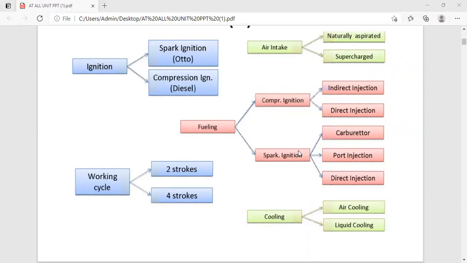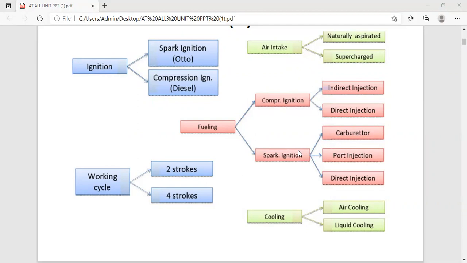Next, suppose we consider the speed of the engine. In case of the speed of the engines, there is a slow speed engine, a high speed engine, and a medium speed engine. So we are classifying this as per the speed of the engine.